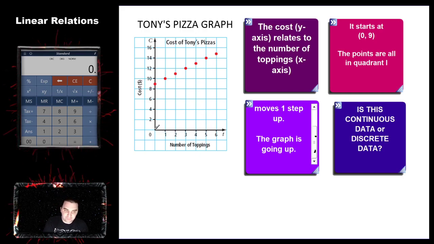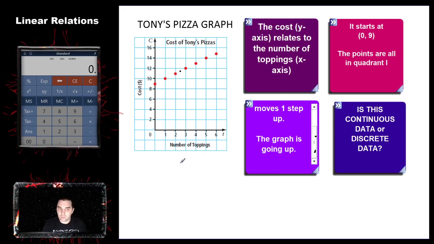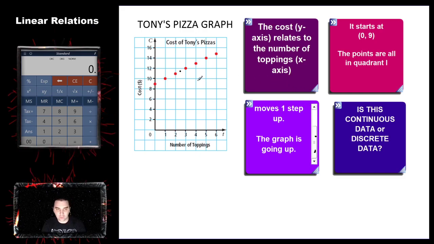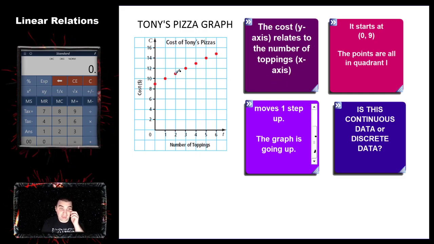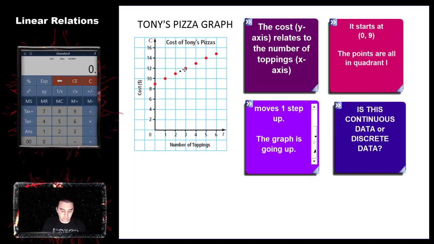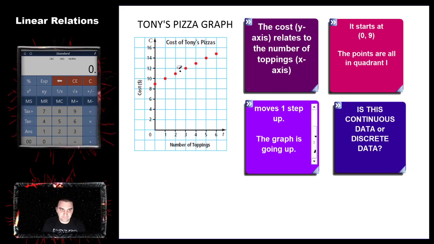In this case, I have 0 toppings, 1 topping, 2 toppings, 3 toppings. That makes sense. But it doesn't make sense to say, hey, Tony's Pizzeria, I want a 2.5 topping pizza. They won't have a price for that. And even though we can figure out that it should actually be about $11.50, they're not going to do it because they don't do 2.5 topping pizzas, I assume.